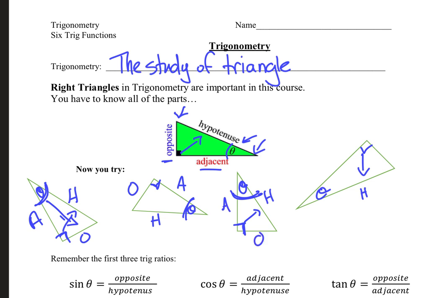But if I switch this around and want this to be theta, the hypotenuse stays in the same place because the right angle doesn't change. Now this is the angle, this is the right angle, so this is the adjacent and this is the opposite. So just be wary. Make sure you pay attention to what angle you are talking about when looking at these right triangles.